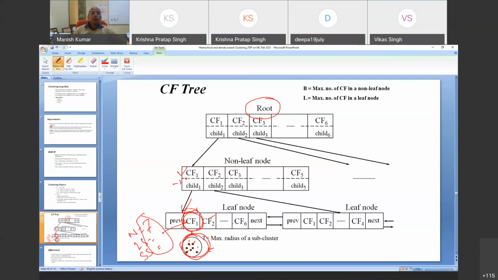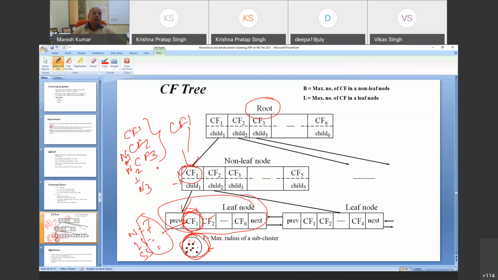The moment I talk about this CF1, it is the cumulative CF of all these, or I can say it is the CF of this particular child. So you have CF1, CF2 and CF3, and these generate the CF1 of the parent. How is it done? In the case of CF1, CF2, CF3, the total n will be n1 plus n2 plus n3.